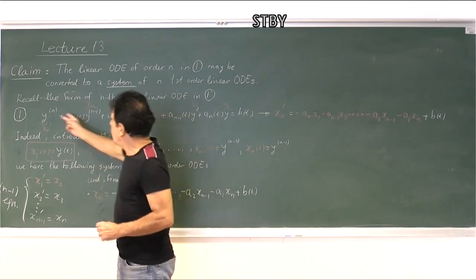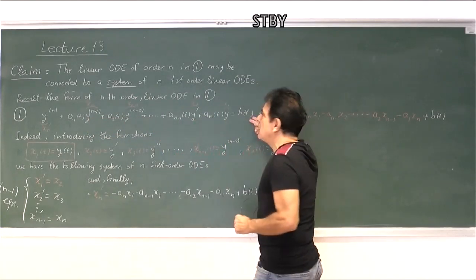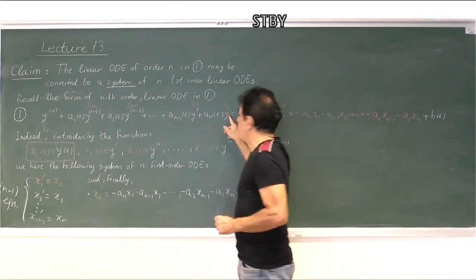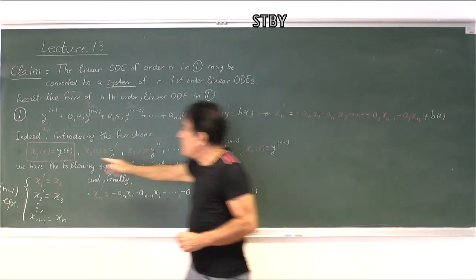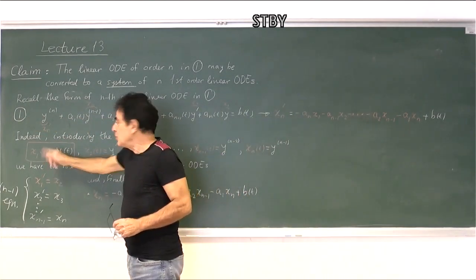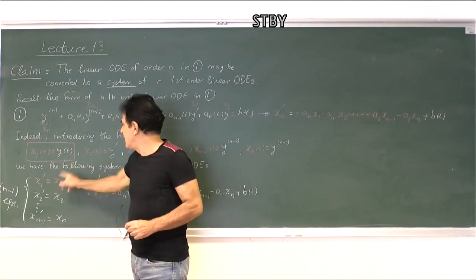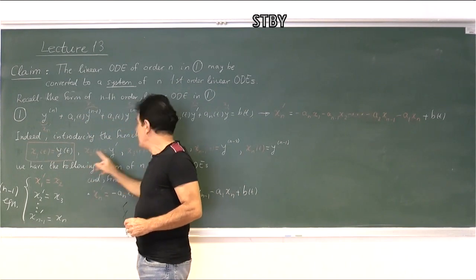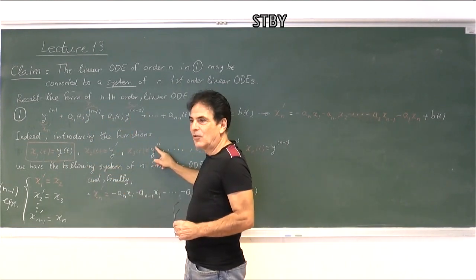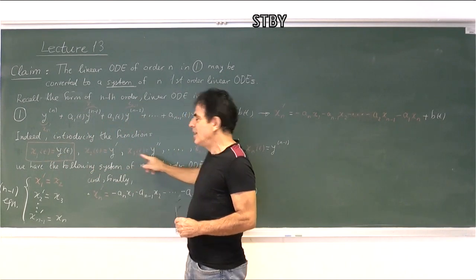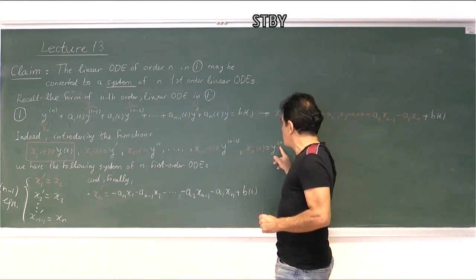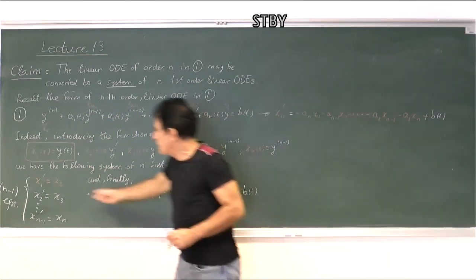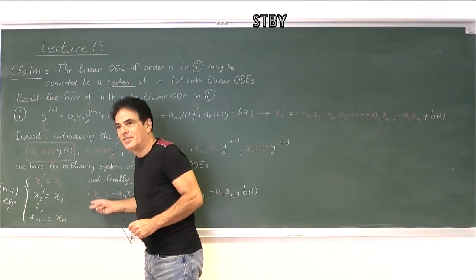Conversely, if we solve this single ODE of order n, we get y, which is x1. So taking the derivative of x1, we get x2. Taking the second derivative of y, we get x3. Taking the n minus first derivative of y, we get xn. So we get the solution of the system. Good?